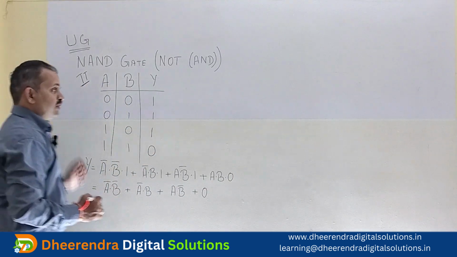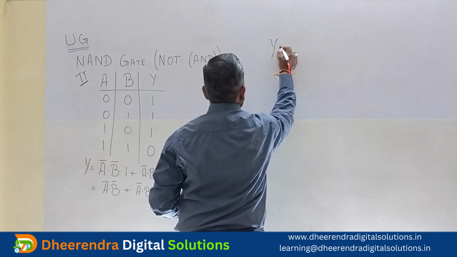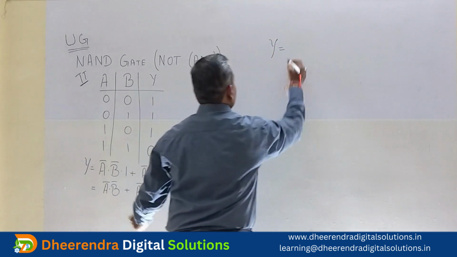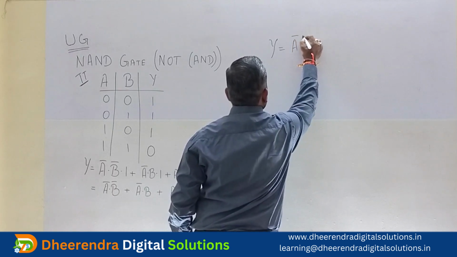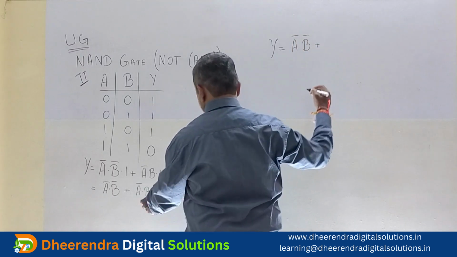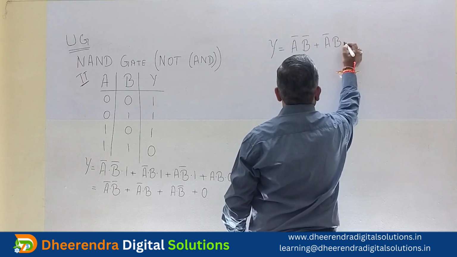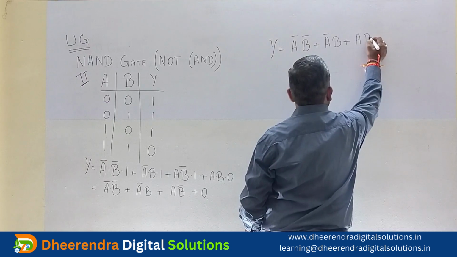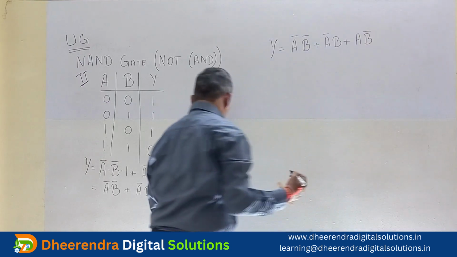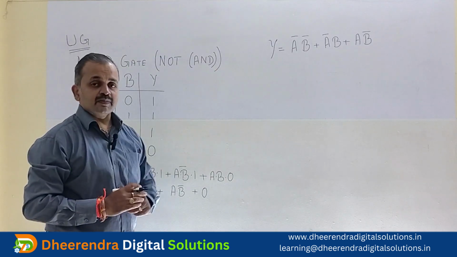So this equation I'll write it over here. Y will be equal to A bar B bar plus A bar B plus A B bar, because anything ORed with 0 is itself. So we get the equation as this.